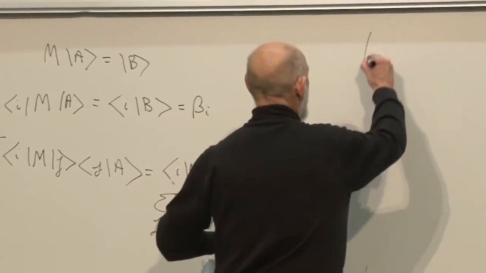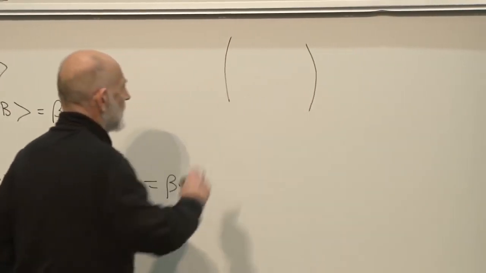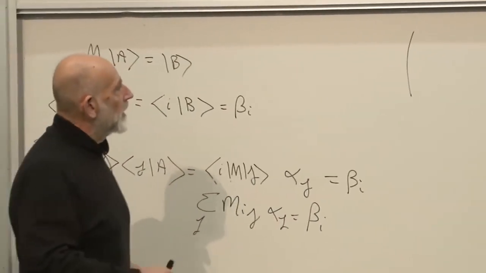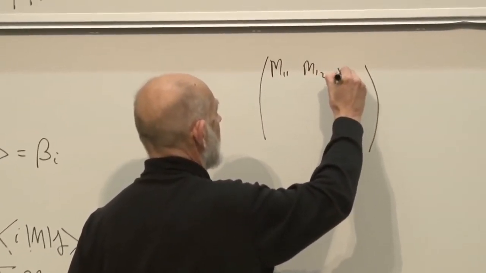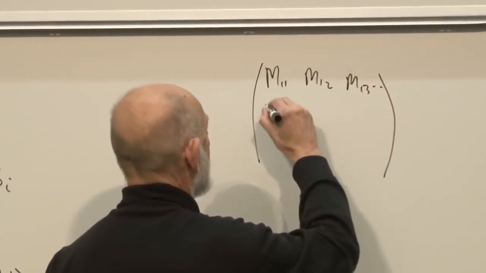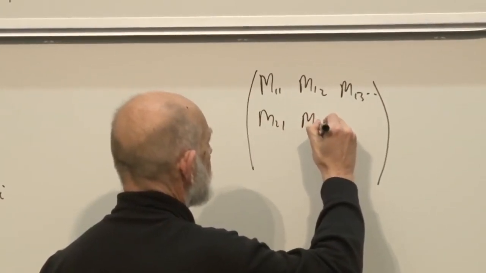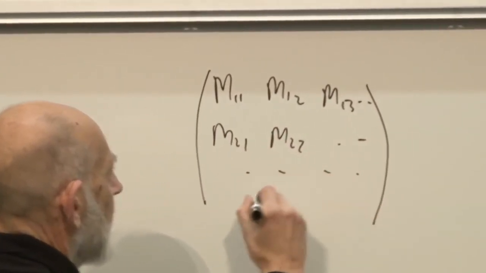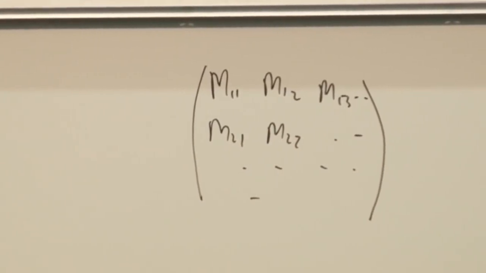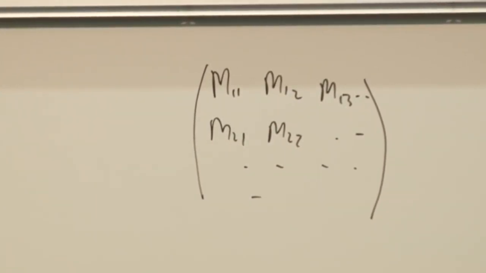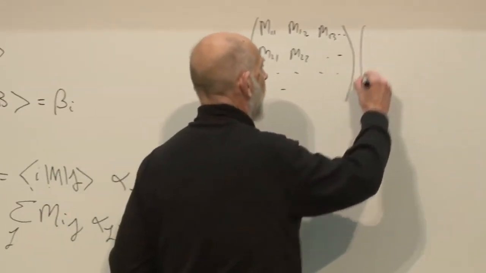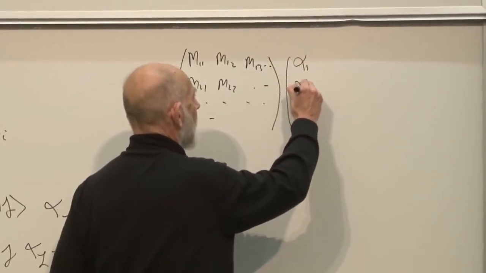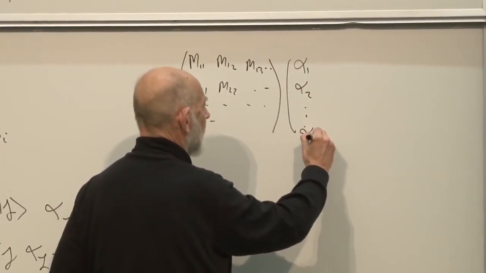You write the matrix M by displaying all of its components, M11, M12, M13, dot, dot, dot, M21, M22, and so on. It's just an array that exhibits the matrix elements, we'll now learn to call these the matrix elements of M, times the column vector A, alpha 1, alpha 2, dot, dot, dot, alpha n.